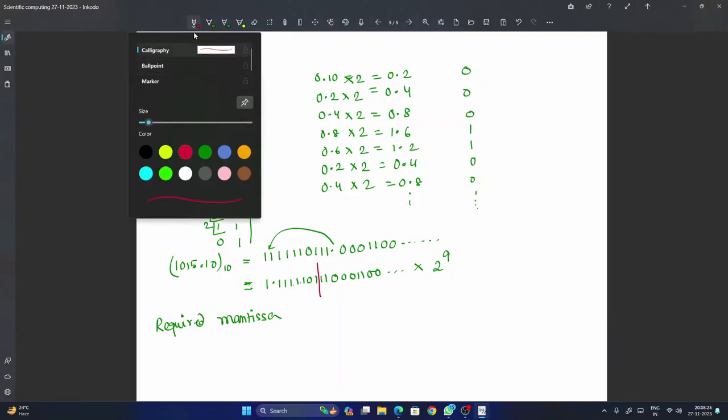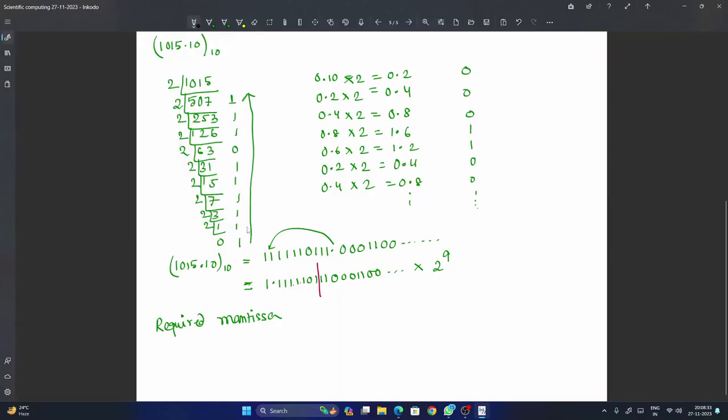So the required mantissa is equal to 1.1111101 and the exponent, and with the sign obviously, so just take one positive sign here.